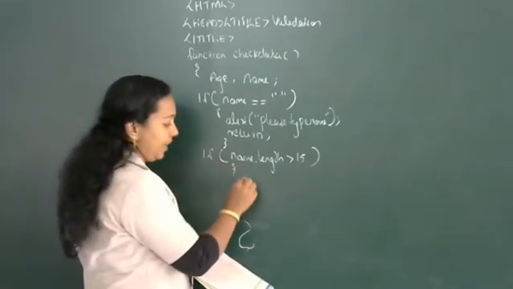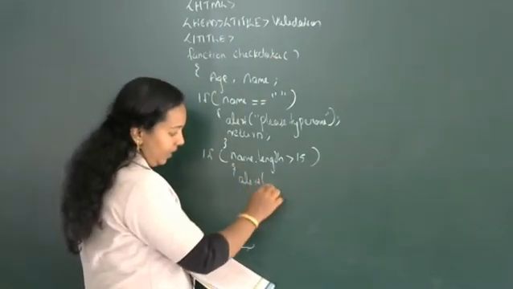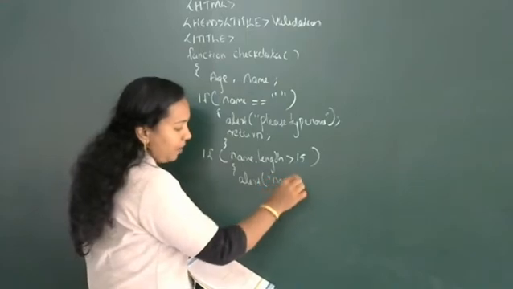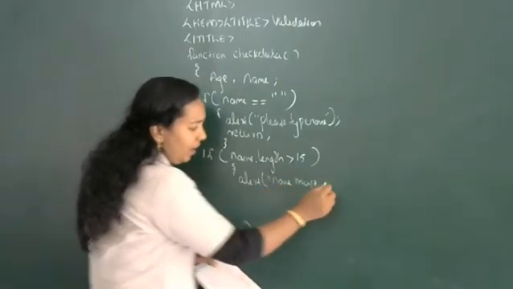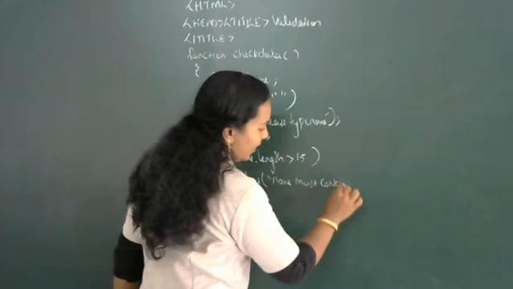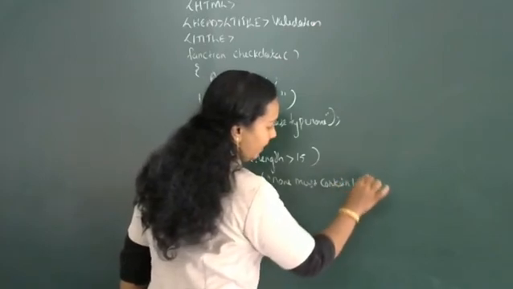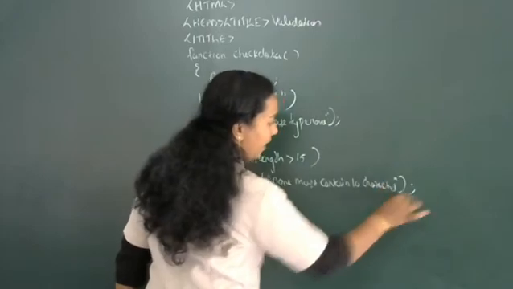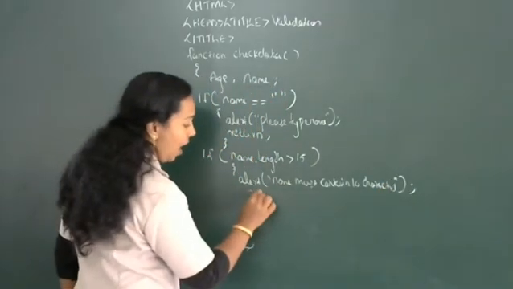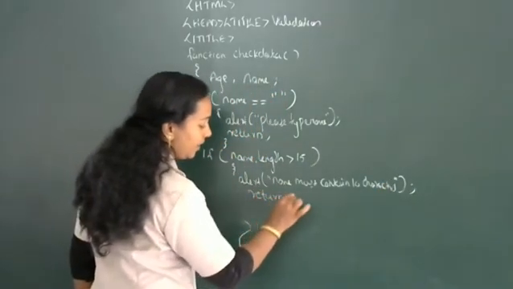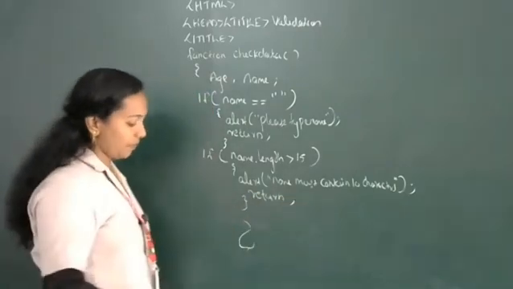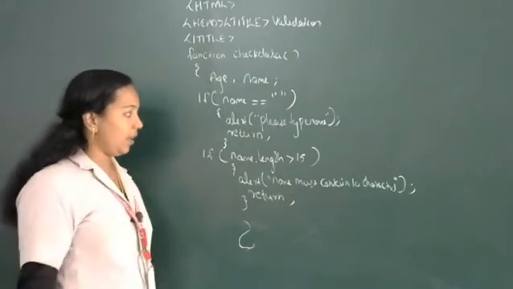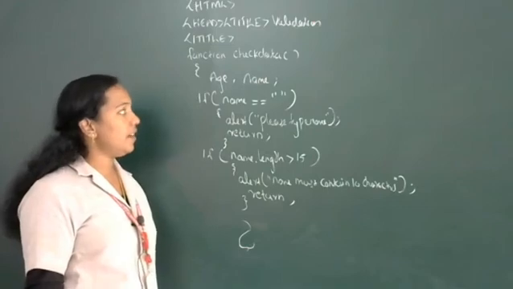Then we can write like this: alert, name must contain 10 characters. Name must contain 10 characters. After that we can return. Close the bracket. Okay. So like this we can insert.